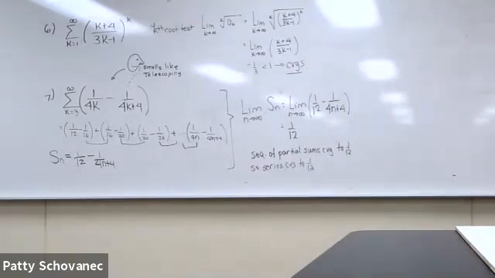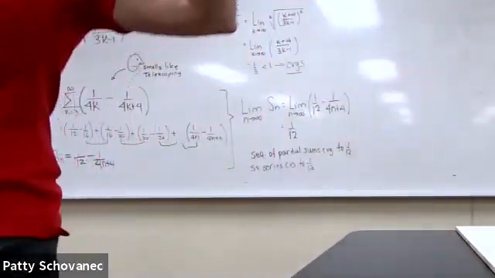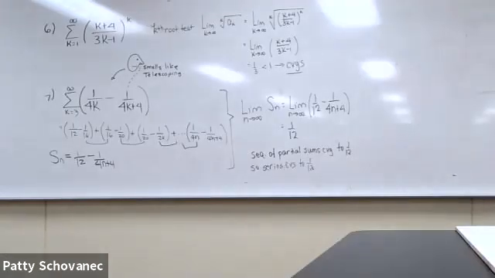Uh-oh. The wrong thing is on the back of these. I made a blunder in copying them. Some of you got this mutated version of this. Sure enough, the backside doesn't look like what it's supposed to look like. Sorry. You've got part of the series review and part of the series worksheet. So your back should look like this. Does anybody have that on the back of their sheet?